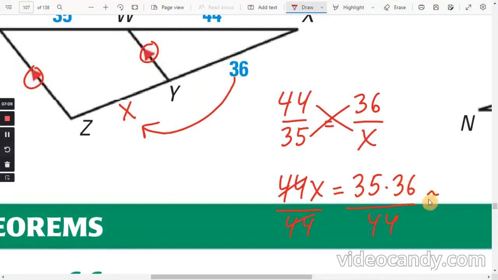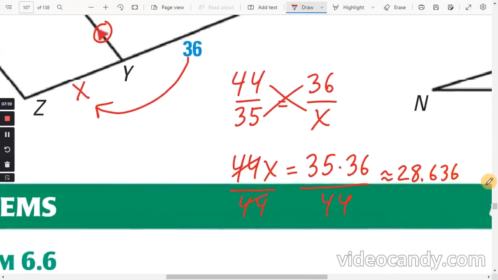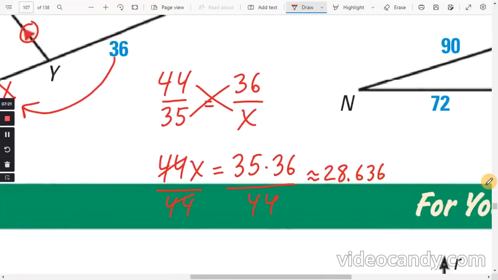So this is approximately 28.636. Okay, I think 2 decimal places. I'll do 1 decimal place here. So if you look at the second decimal, it's less than 5. So if it's less than 5, you round this down, and that'll keep it at 28.6.